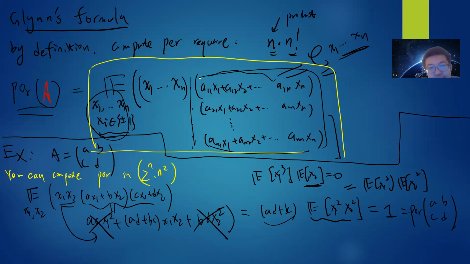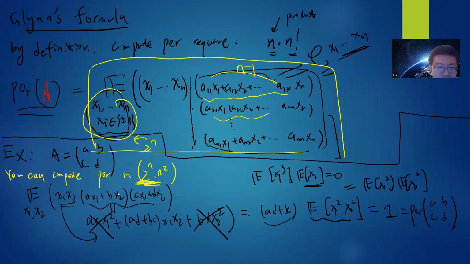The reason is that there are 2 to the n terms here, and for each term you need n minus 1 additions and the product of n terms. So for each x1 up to xn you require n squared arithmetic operations, and there are 2 to the n terms. And there is a very smart way to change it to 2 to the n times n.